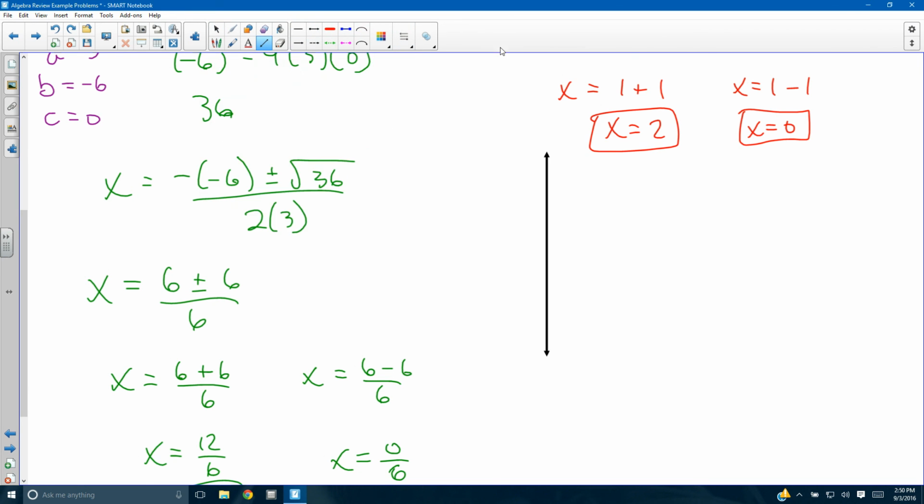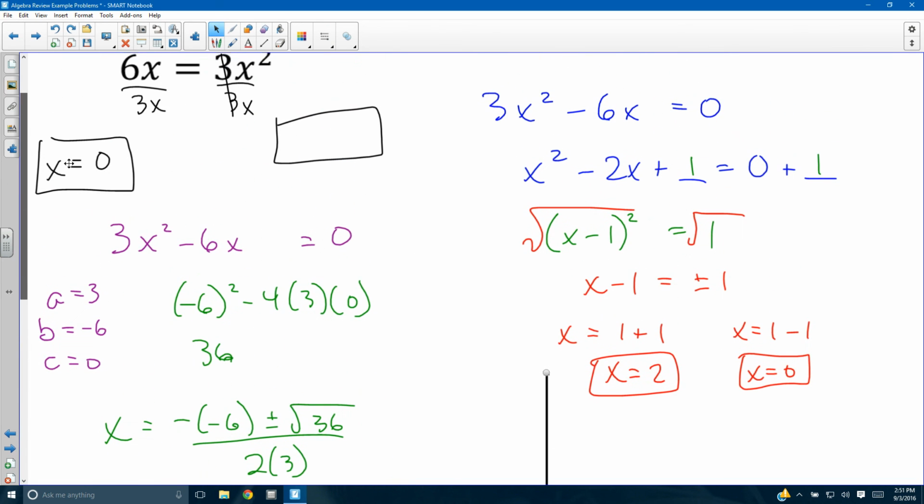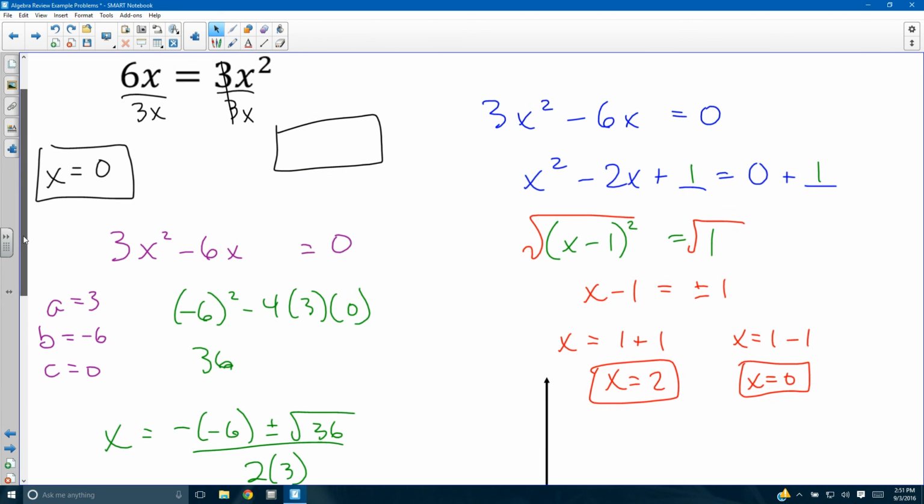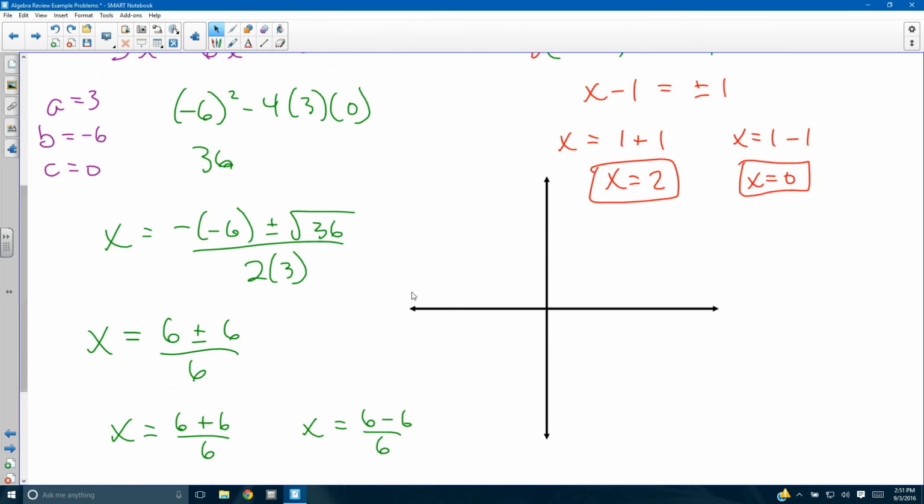We have our standard form. I'm going to graph y equals 3x squared minus 6x against y equals 0, which is the x-axis. I want to find out where they intersect. So basically, I want to find where they intersect on the x-axis. I want to find the x-intercepts.